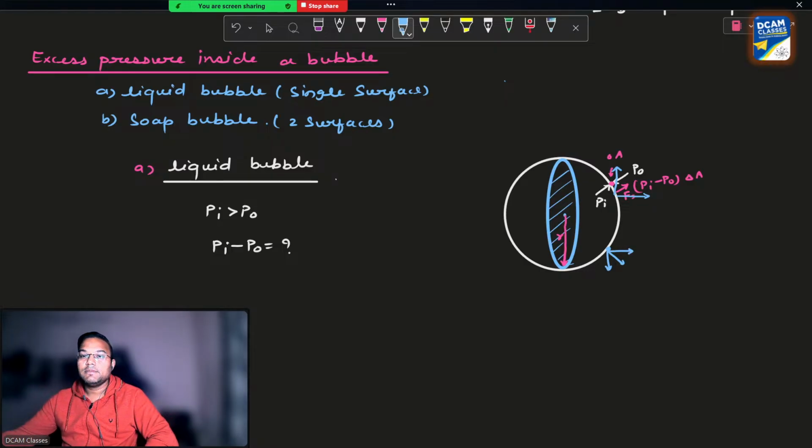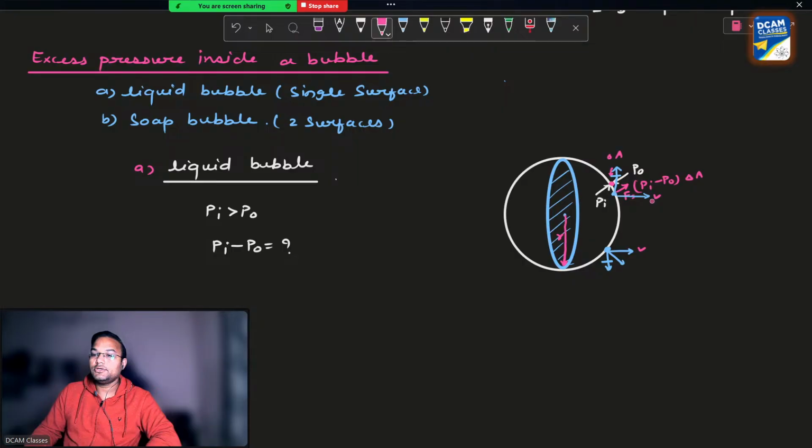These two areas are symmetric and exactly the same, so the vertical components will cancel out. The only component we care about is this horizontal one.